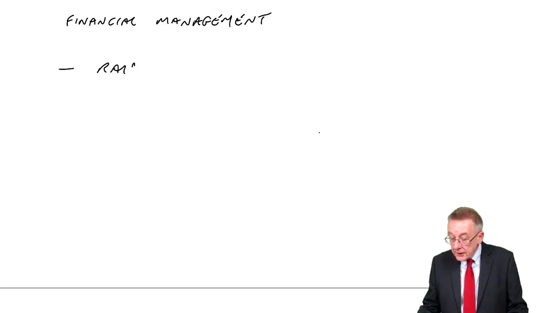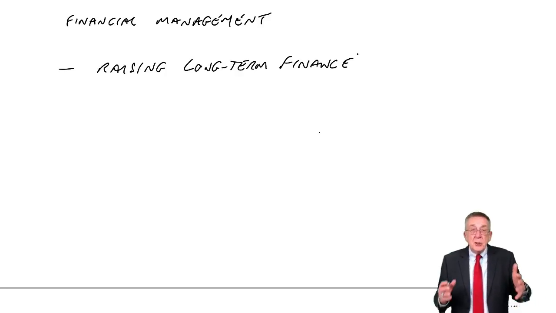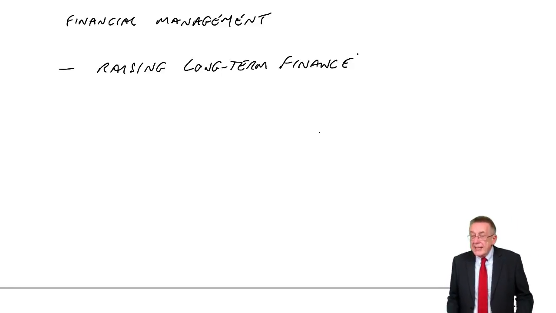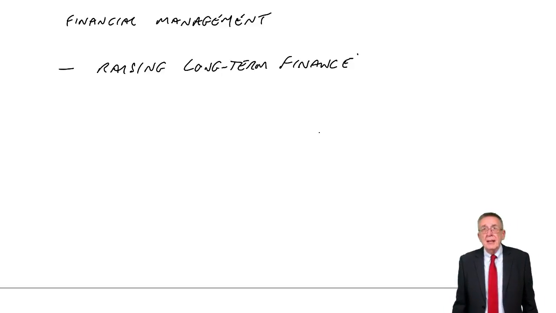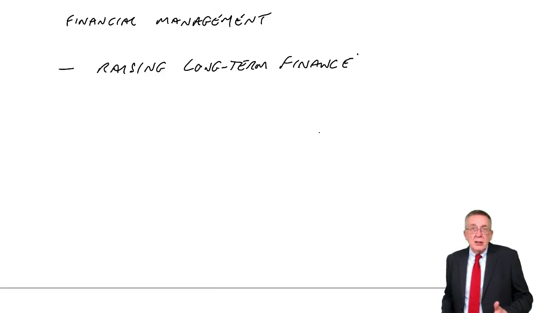One is the raising of long-term finance. A company needs money to expand. If we want to build a new factory, we're going to have to raise finance in order to be able to afford the factory. And of course, how can we raise long-term finance?